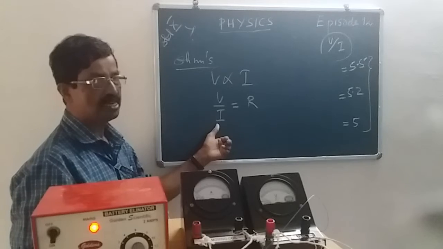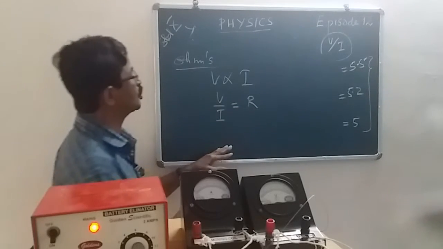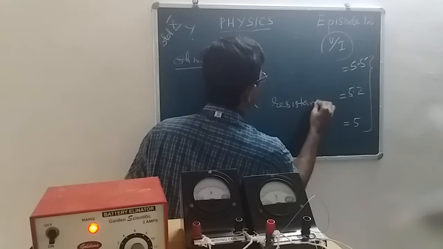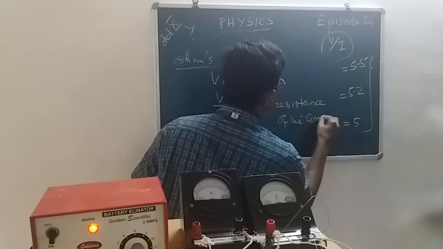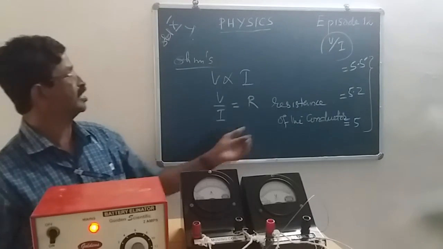And that constant is called the resistance of the conductor.